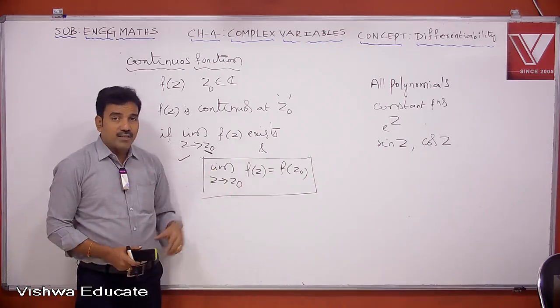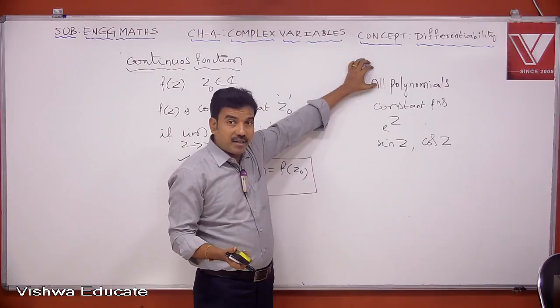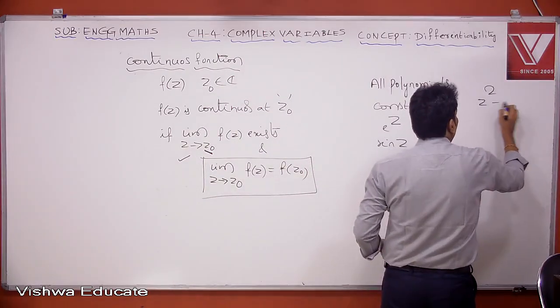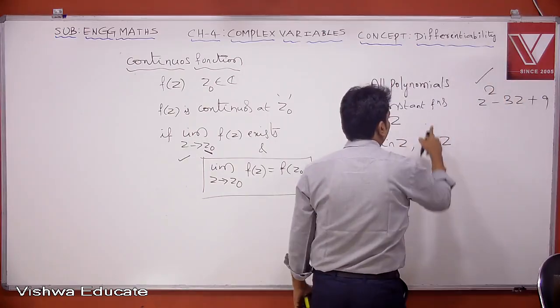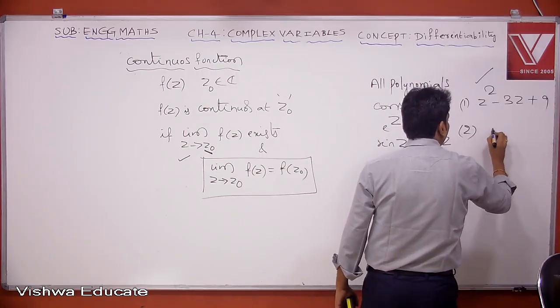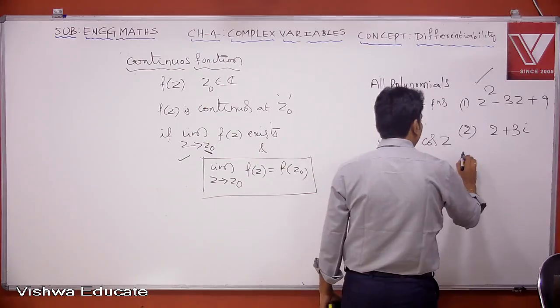Now when you go through examples, all polynomial expressions in the variable z, for example, z square minus 3z plus 9, this is a polynomial expression. Constant function, for example, 2 plus 3i, this is a complex constant function.